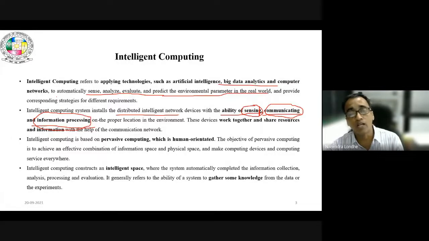That ability is required for developing intelligent computing systems.